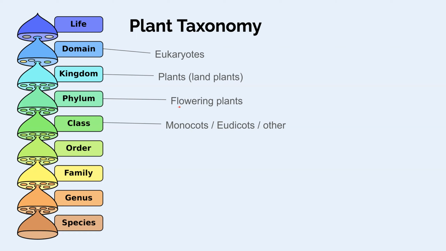Above that, the flowering plants are a phylum, and they would be contrasted with the conifers or gymnosperms, the mosses, and so on. And then all the way up to kingdom. This category of kingdom is basically plants, so all land plants together comprise a kingdom. Above that is the domain. There are 3 domains: eukaryotes, bacteria, and archaea. This is a context of global organism diversity and how the plants fit into that.